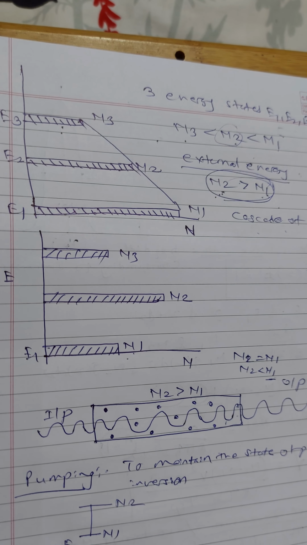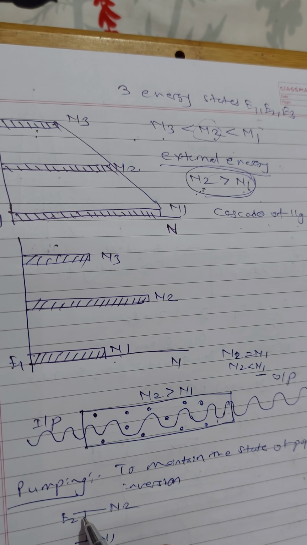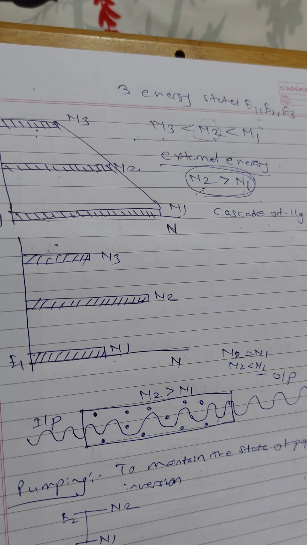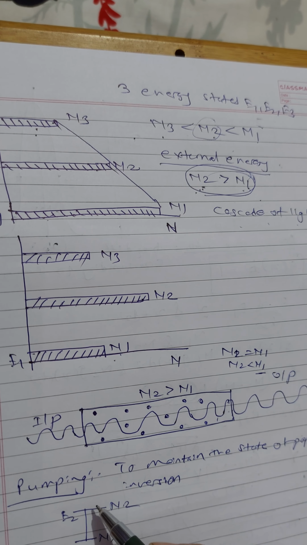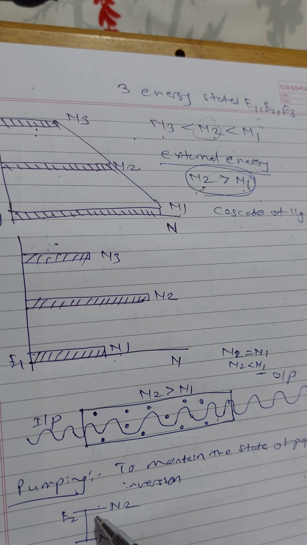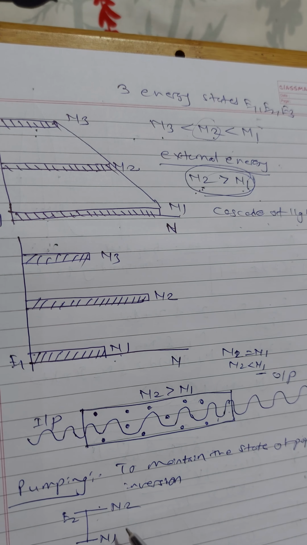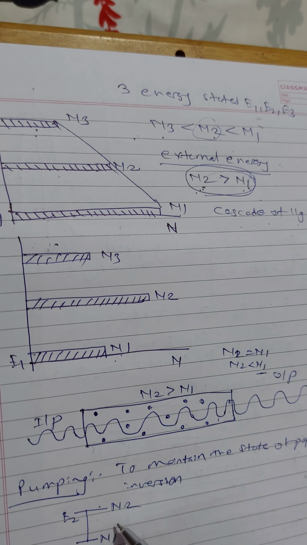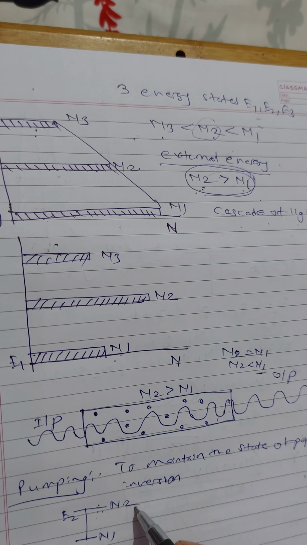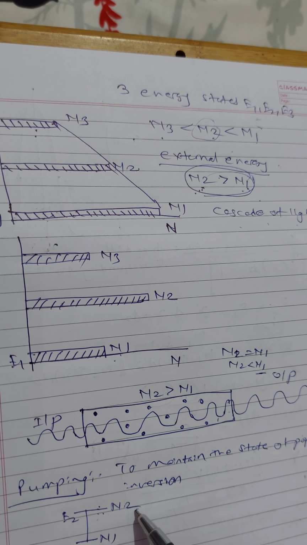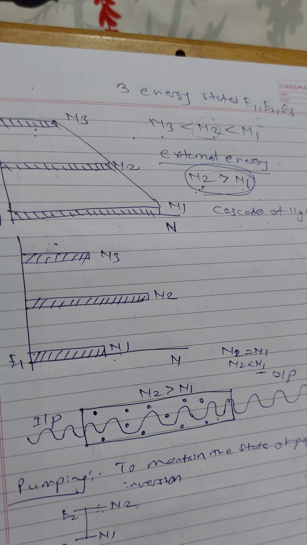It is necessary to promote atoms continuously from the lower level to the excited level. N2, this is E1 and E2. What to do? Promote atoms continuously from the lower level to the excited level, and energy is to be supplied to the laser medium to raise atoms, and for maintaining population at the excited level N2 greater than N1 at a higher value than that of the lower energy.